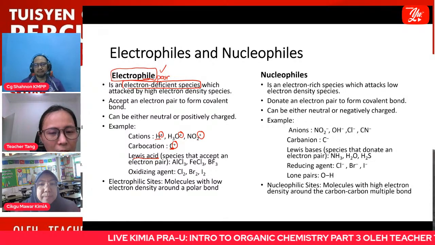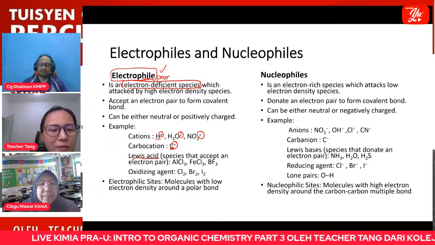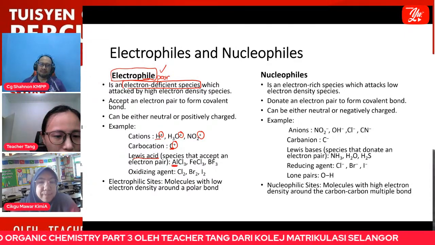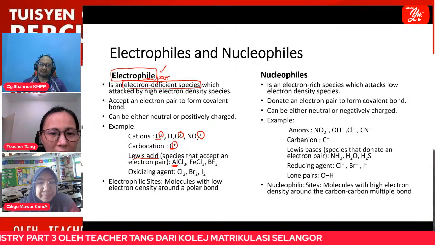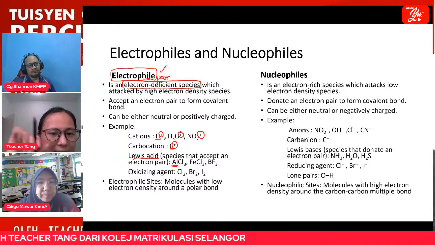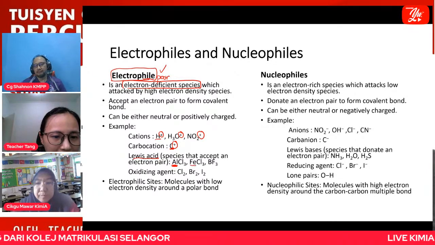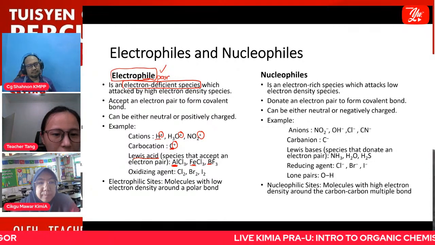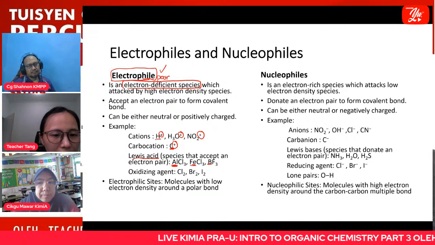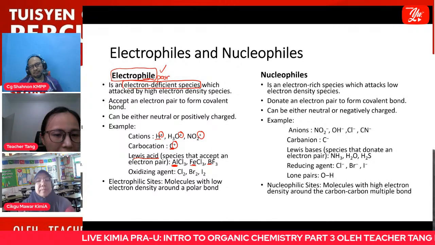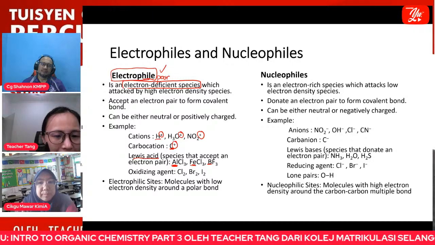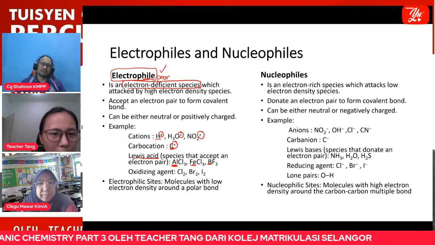Besides that, we have Lewis acids. Remember, a Lewis acid has an incomplete octet. For example, in AlCl3, Al has an incomplete octet, only 6 electrons surrounding it. Likewise FeCl3 and BF3 have incomplete octets, which means they have an empty orbital.